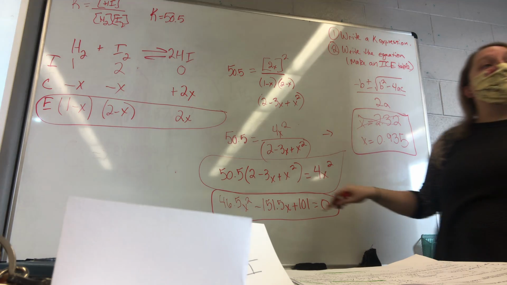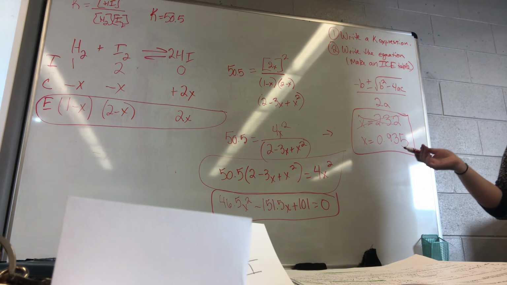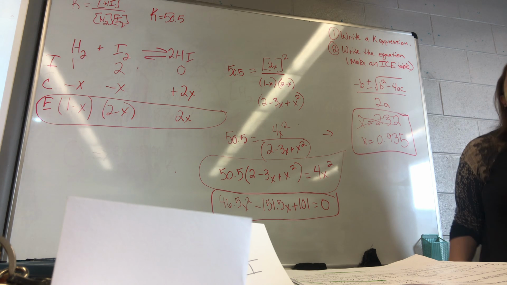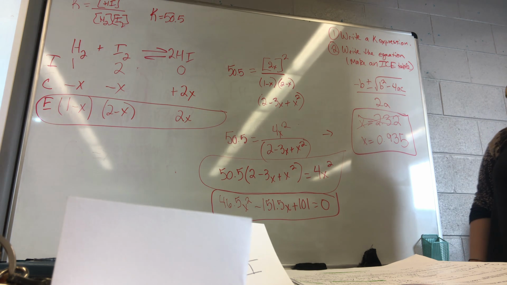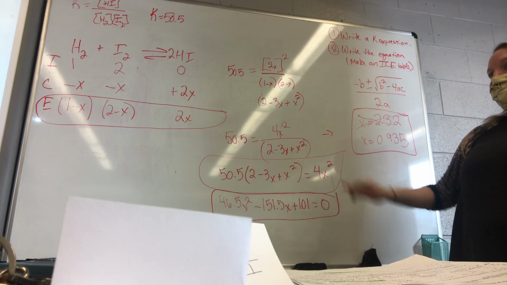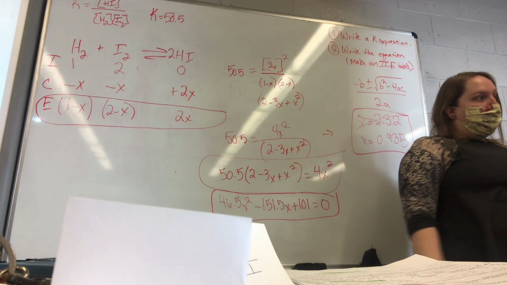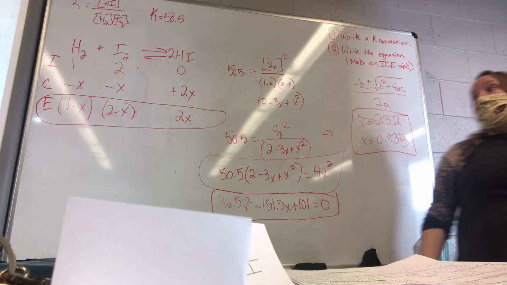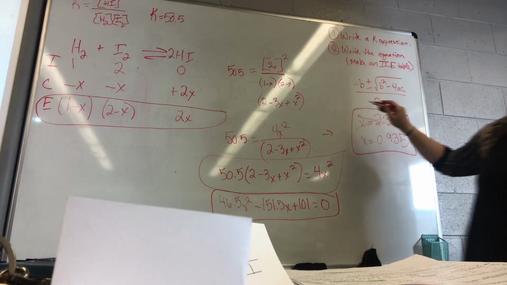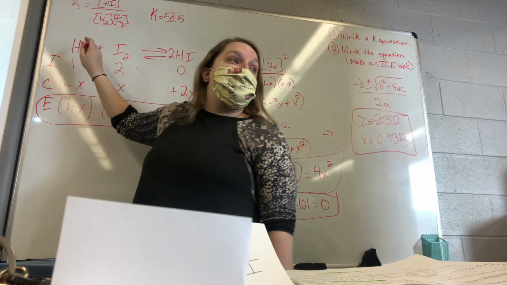A lot of times when you solve quadratics in this particular type of problem, in our equilibrium problems, you'll get a positive number and a negative number, and then it's really easy to figure it out. So the 2.32 does not make sense because this concentration is smaller than that.